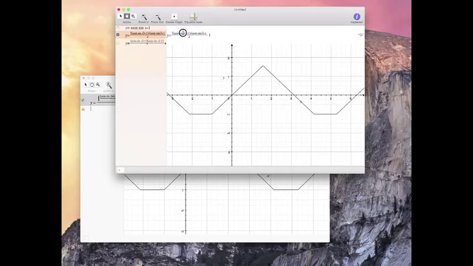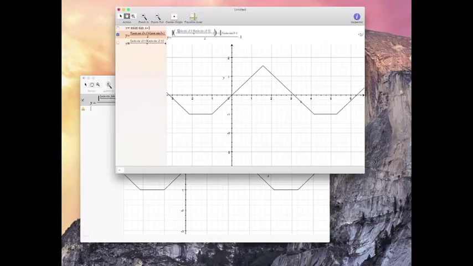I've typed in another function over here, and it cuts off the other function at -1. So what if instead of cutting off a sine of x at -1, I cut off this other function at -1? So basically what we do right now is we take this function, we copy it, and we paste it inside the brackets of this other function.